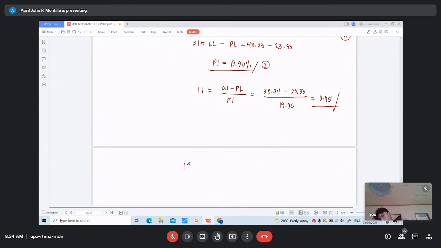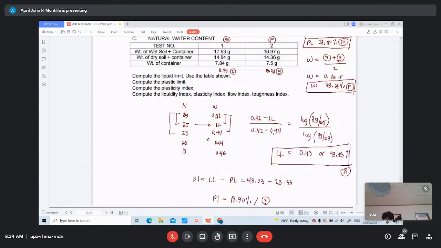So, flow index, IF, omega 1 minus omega 2 over logarithm of N2 over N1. Kaya lang ito, gagamitin natin yung extremities values. We are going to use 39 and 0.42 and 13 and 0.46.